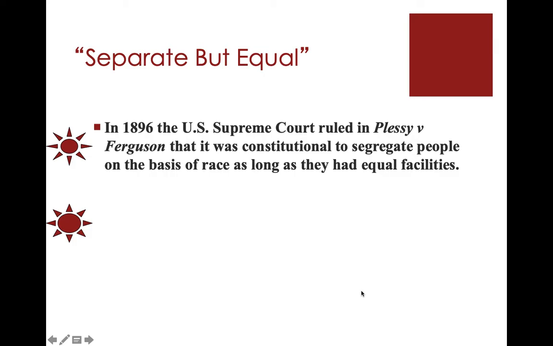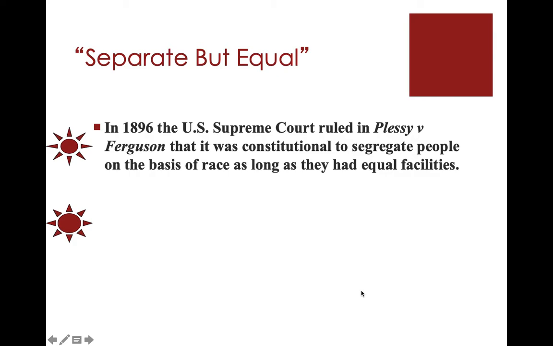And one of the key turning points in the interpretation of the US Constitution takes place in 1896 with the Supreme Court case of Plessy versus Ferguson. In this case, there was a lawsuit filed by a mixed race man who had been asked to ride in segregated railroad cars.